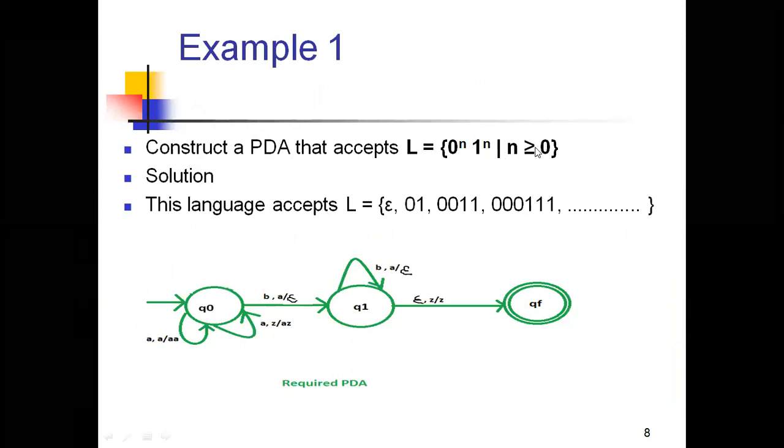So by putting the condition on n, I'm writing the set of strings like this: L is equal to epsilon, 01, 0011, 3 zeros 3 ones, 4 zeros 4 ones, like that, right? So this language accepts L, and for this language we're going to construct the PDA.